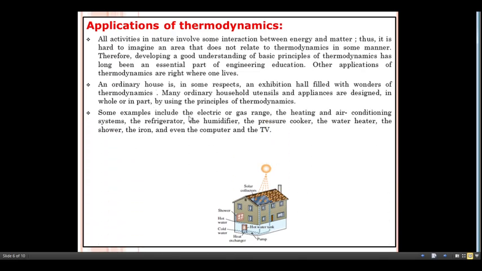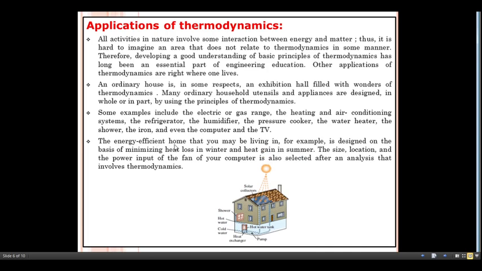Some examples include the electric or gas range, the heating and air conditioning systems, the refrigerator, the humidifier, the pressure cooker, the water heater, the shower, the iron, and even the computer and the TV.